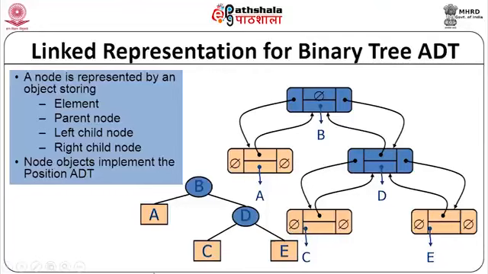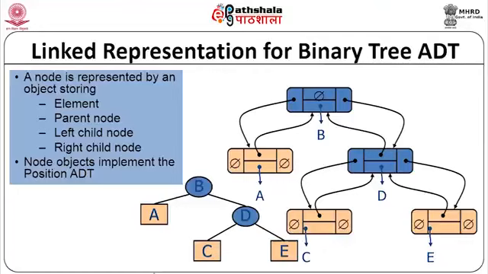So, if you look at the node B, again we are using the small tree there. B does not have any parent, so that is null, the left child is pointing to A, the right child is pointing to D, and the value B is there. If you take A and D, A is pointing to B as its parent, it has no left child and no right child.